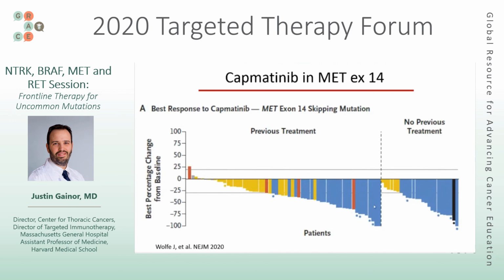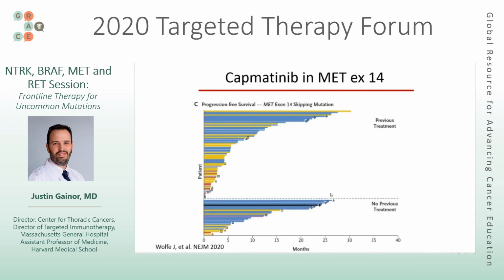Capmatinib, this is a different MET inhibitor, but the same type of waterfall plot where most of these bars are going down, showed a response rate of about 60% in patients who had previously not had any treatments. And so capmatinib was recently approved by the US FDA.